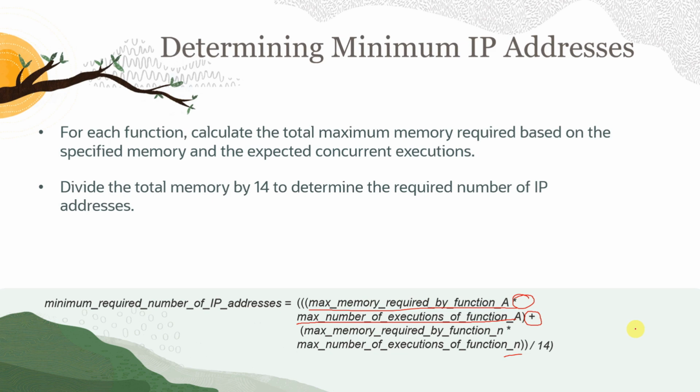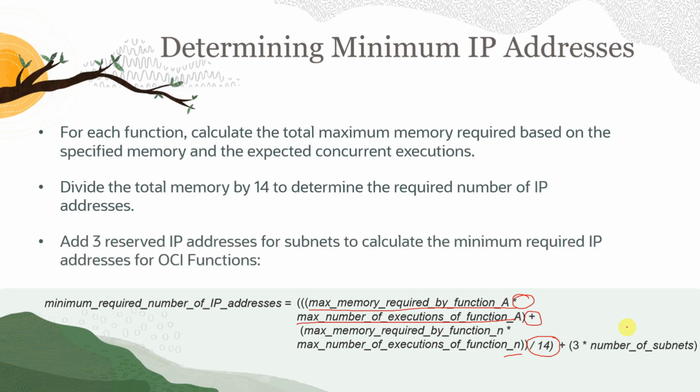Divide the overall total maximum amount of required memory for all functions by 14, since each 14 GB of memory usage requires one additional IP address. For each subnet in the VCN, add 3 to the total number of IP addresses required, since 3 IP addresses are reserved for internal use for each subnet.